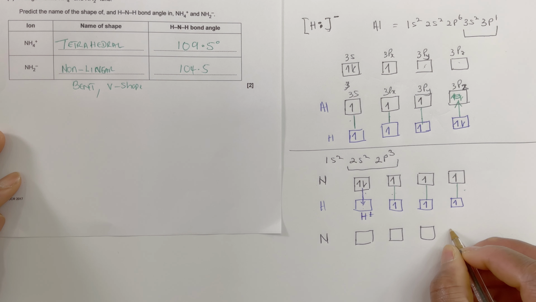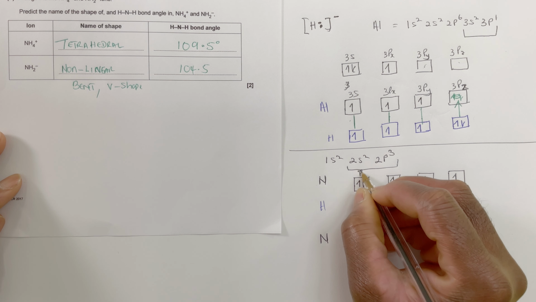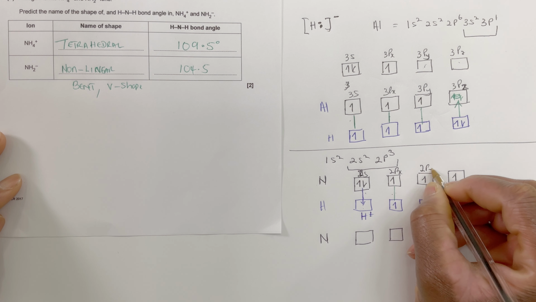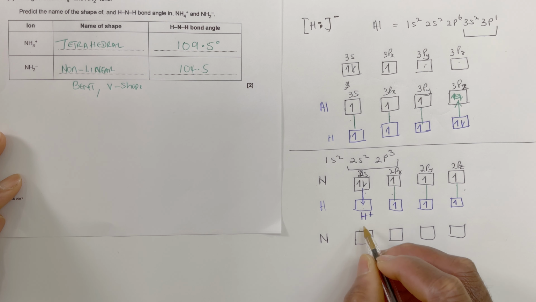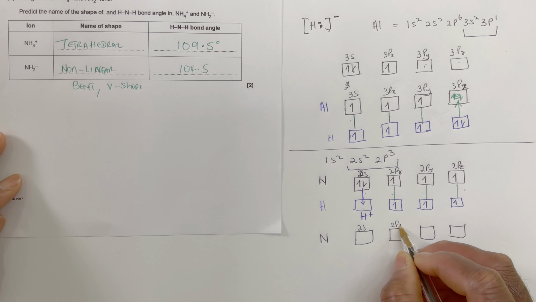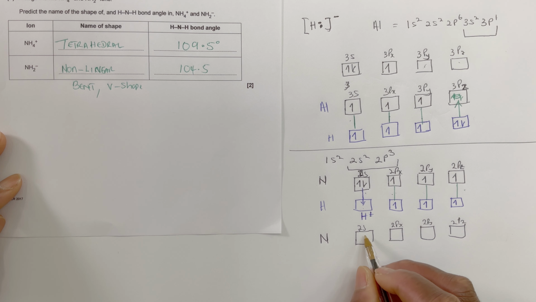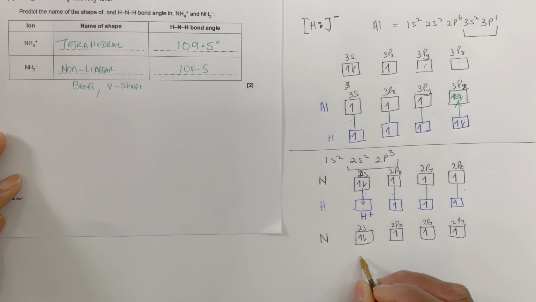So remember, that's 2s, 2px, 2py, 2pz. You see that it's got 2 electrons there, 1, 1, 1.